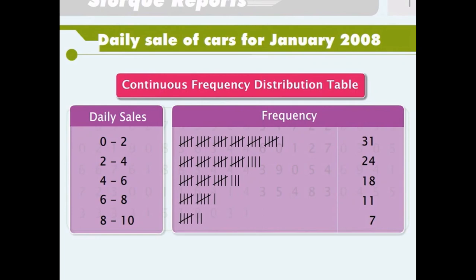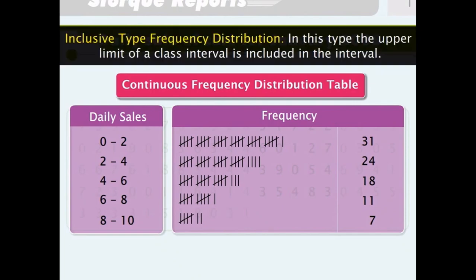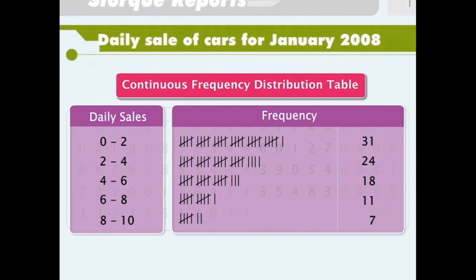There are two types of continuous distributions. The first one is called an inclusive type frequency distribution. In the inclusive type, the upper limit of a class interval is included in the interval. For example, the value 4 will be included in the class interval 2 to 4. It will not be included in the interval 4 to 6.